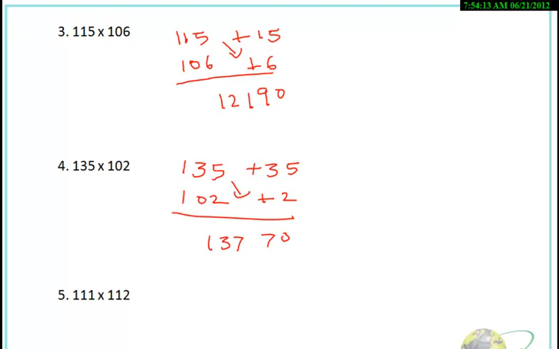Now let's take another example. 111 into 112. Let's do this calculation over here. 111 into 112. Now it is plus 11 from 100 and it is plus 12 from 100. Now what is 11 into 12? That is the method we have already learned in our previous sessions.